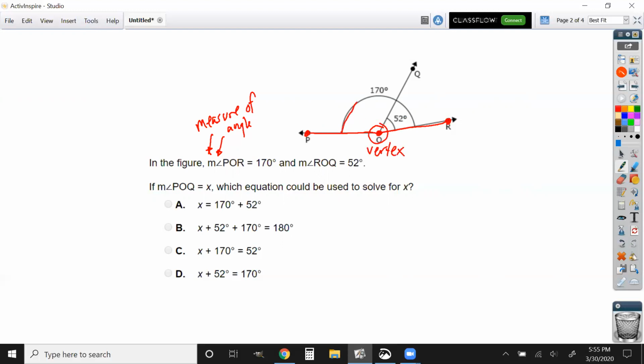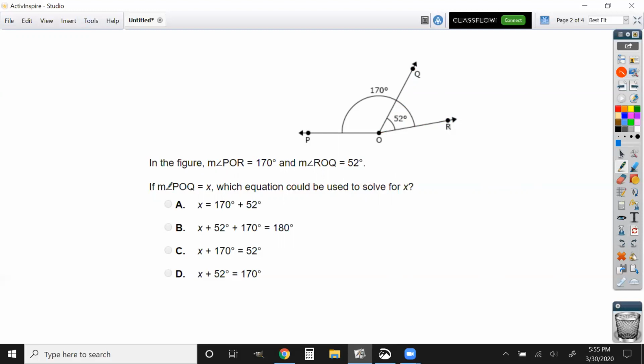That angle is going to be 170 degrees. So measure of angle POR is 170 degrees. The measure of angle ROQ, R through O to Q, this angle right here, is 52 degrees.